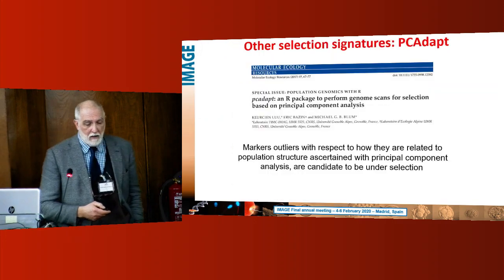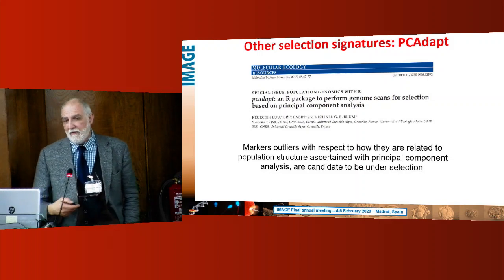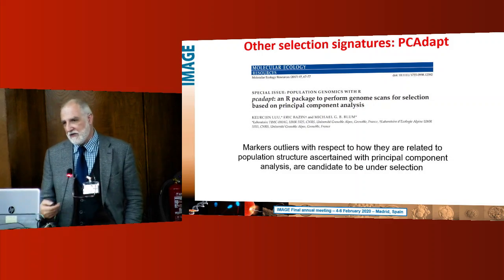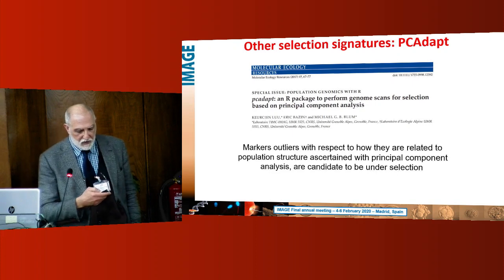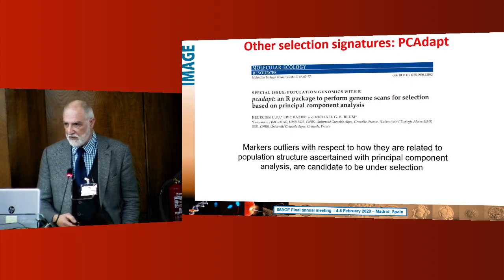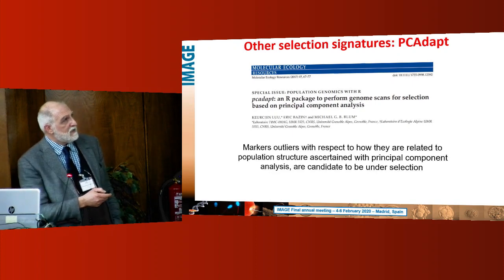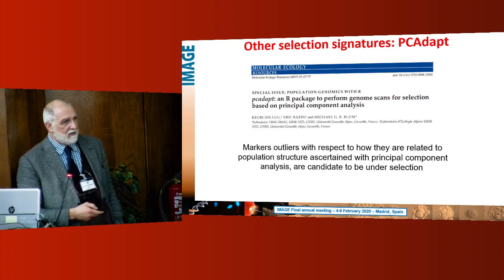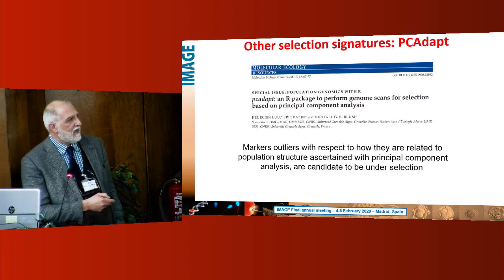So we didn't stop here. We wanted to have a few genes to study in more detail. So we ran 2 other different selection signature approaches. One is PCAdapt. That has a completely different approach because PCAdapt finds markers that are outliers compared to the population structure.